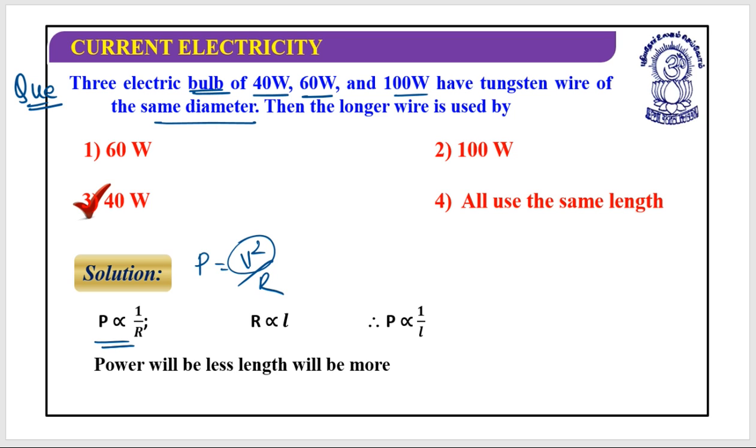That means the power is inversely proportional to the resistance, and resistance is directly proportional to the length. So power is inversely proportional to the length. As length increases, power decreases, and if length decreases, power increases. Now I hope you can reach the answer very easily. Great. Ready for the next question?